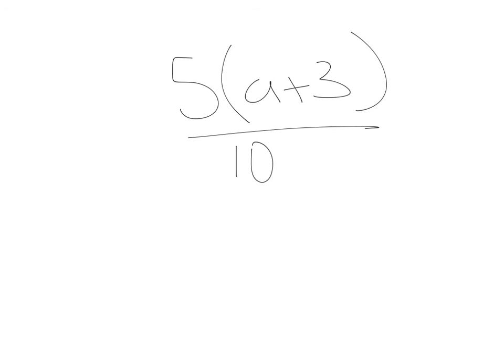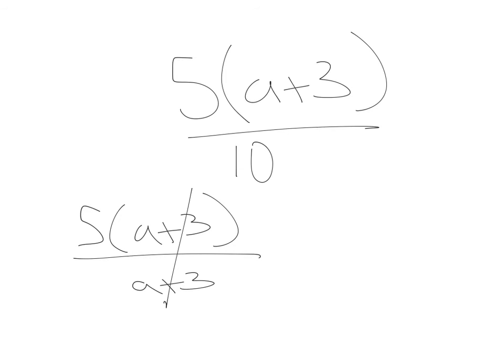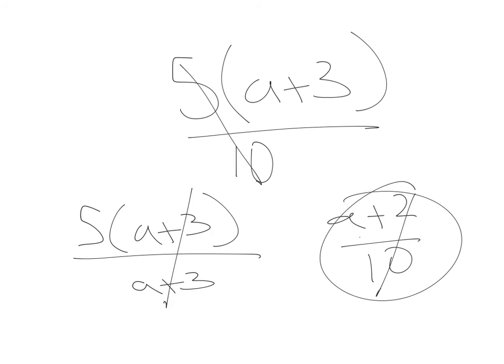We can simplify out here like this, or even if you had this, you can simplify these two things out. Okay, that's allowed. What you can't do is simplify out something like this. See how the 2 is not being multiplied by everything, it's being added to the a. That simplification is not allowed. Don't do that.